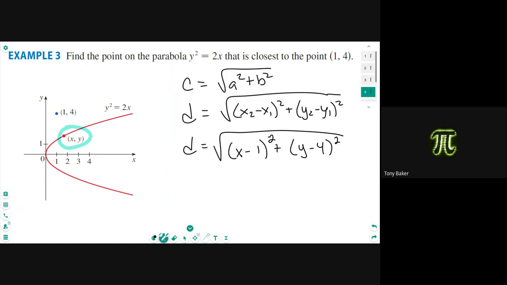So the y would be the square root of 2x. But it's actually the plus or minus the square root of 2x, right? That could be messy. So instead of doing that, do it the other way, which I think might make our lives a little bit easier, and then just do 1/2 y squared.